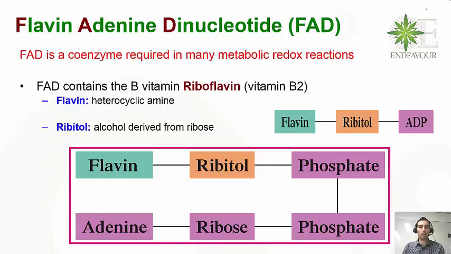So we're going to talk about the first of our coenzymes now. So remember, the coenzymes are really important to a lot of metabolic reactions, and we need the coenzyme to be added to our apoenzyme, and this gives us our functional enzyme, which can drive the reaction forward to create the products.